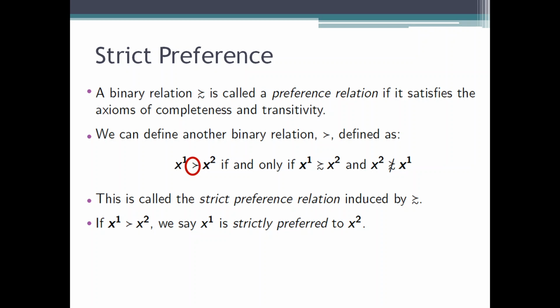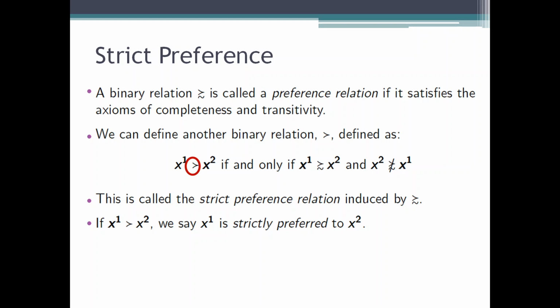Let's first define what we mean by at least as large as. At least as preferred as, at least as good as, means that we have two bundles, and each bundle has n commodities.